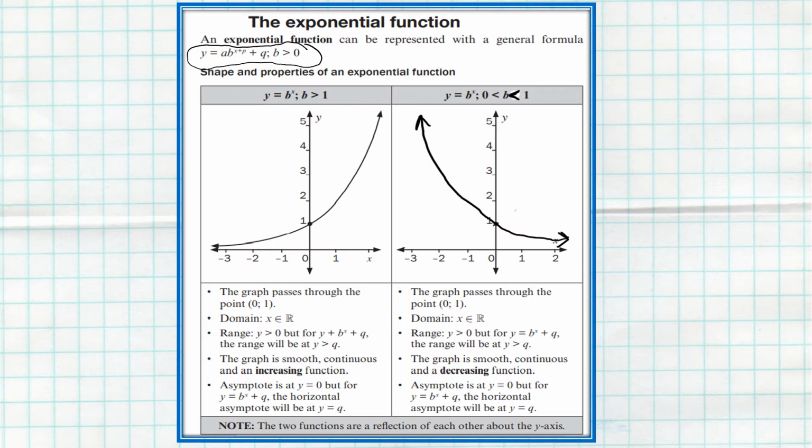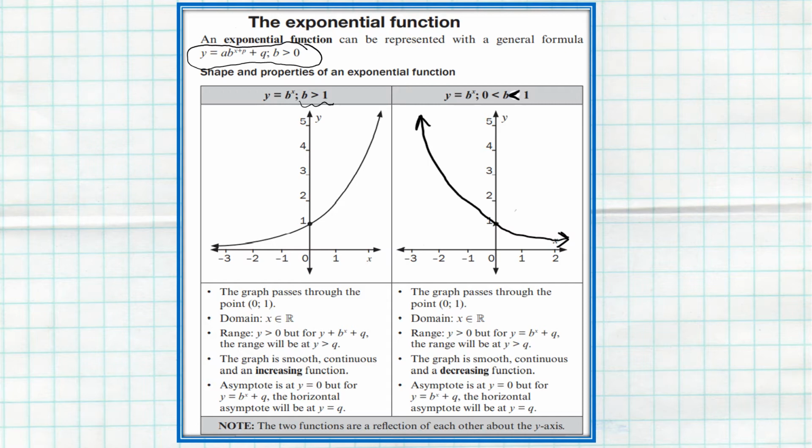So let's also take a look at some shape and properties of an exponential function. As you can see in the pictures below, we have an exponential function y equals b exponent x, and here the restriction is that b must be greater than 1, right? For example, b can be equal to 2, b can be equal to 3, 4, like that, right?